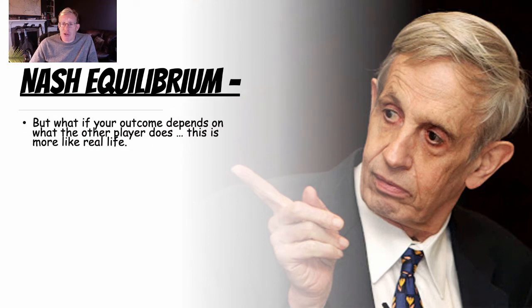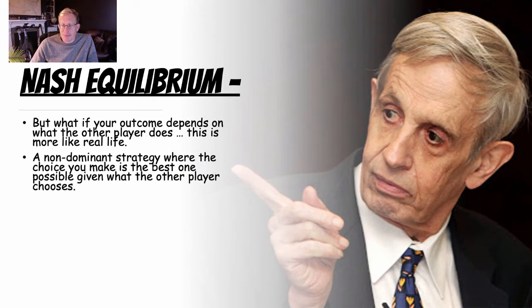Of course, as we've understood so far, the outcome of games is dependent upon what other players do. But if there isn't a dominant strategy, which is again more like real life, we need to figure out a way to get to that solution. The Nash equilibrium is an equilibrium without a dominant strategy.